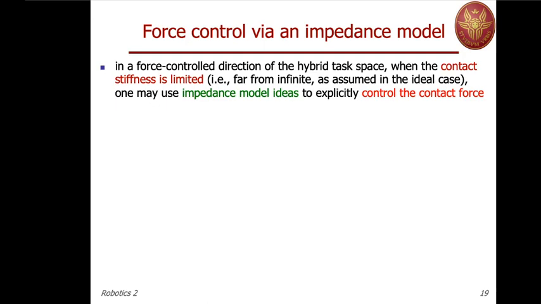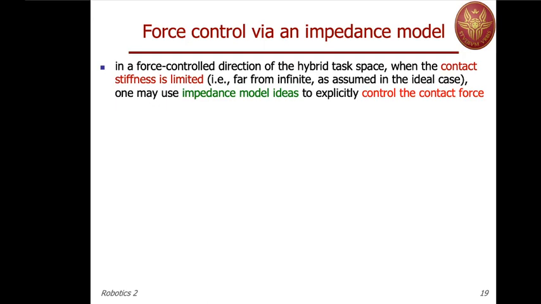So after feedback linearization and decoupling, you close a feed forward of desired force plus an integral term of the error. However, you can design a force controller in that direction, mimicking a behavior of an impedance model. And let's see how this is done. In fact, this is what we have implemented originally in our experimental setup, and I will show immediately some videos of what we have done.